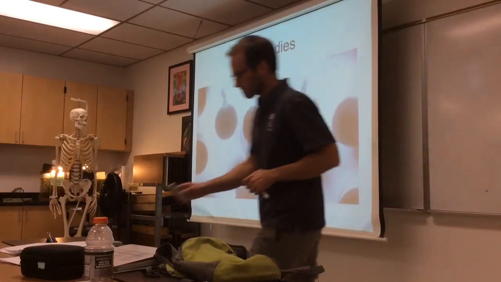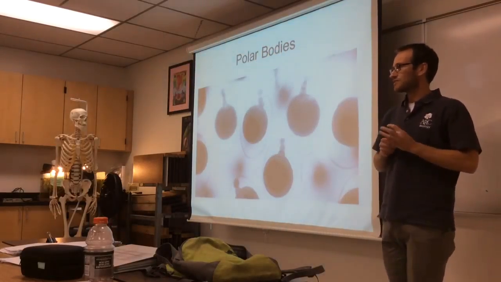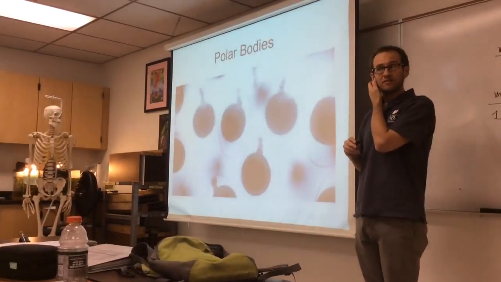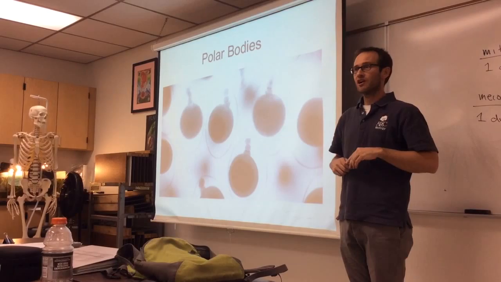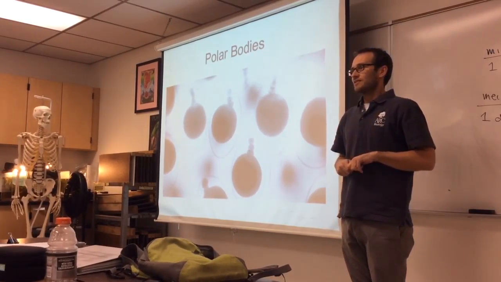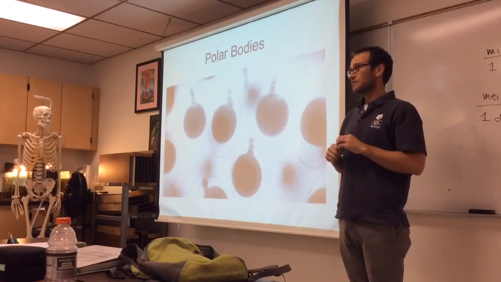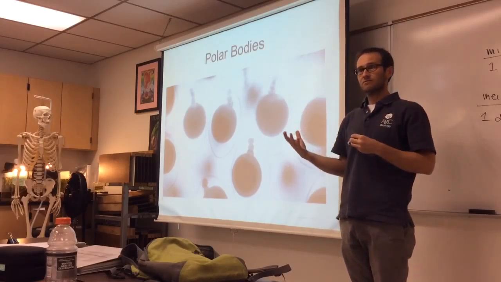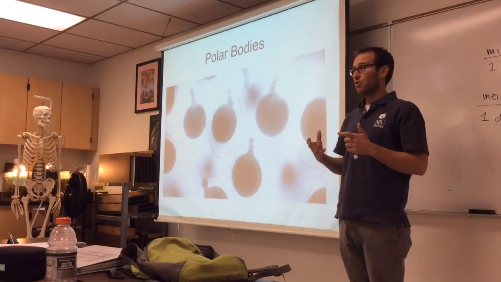So one of the things that was a little bit dishonest about our approach of drawing meiosis was, when you get to the end of meiosis for humans, for mammals, you don't actually produce in the female 4 eggs.